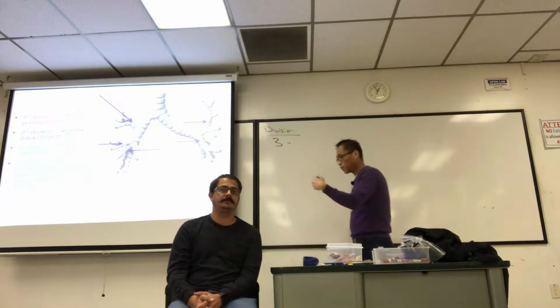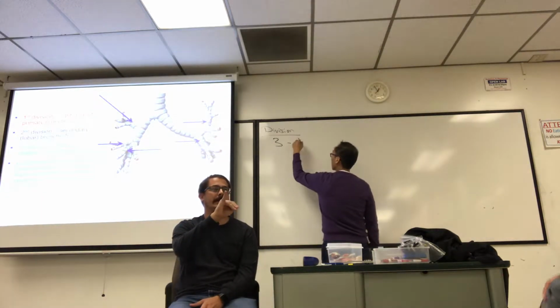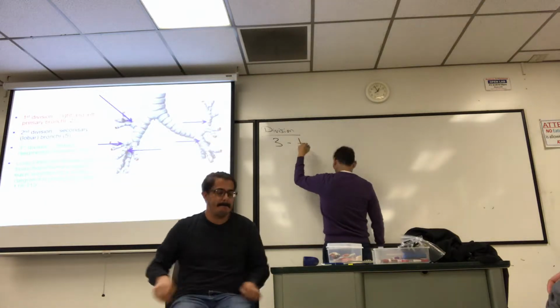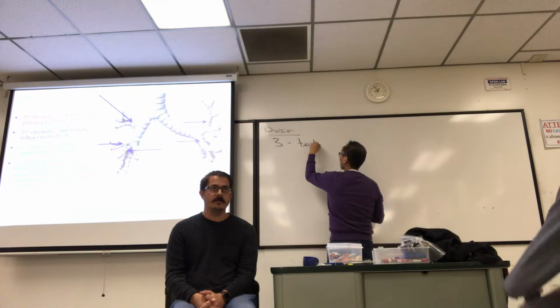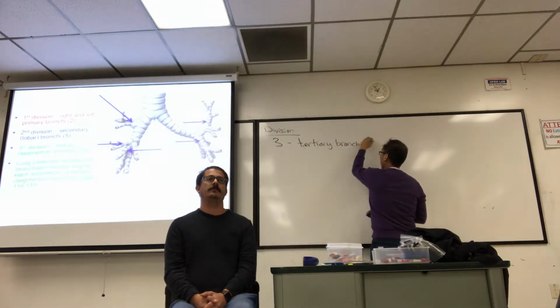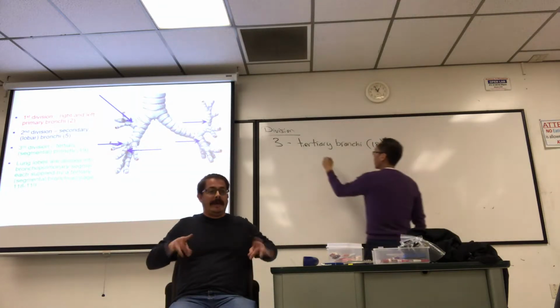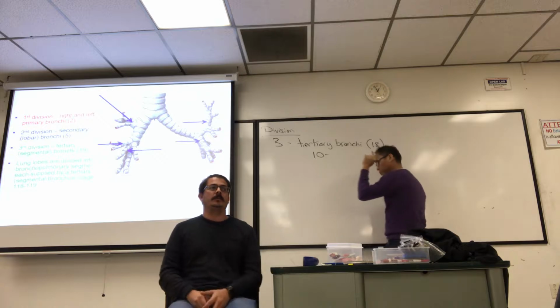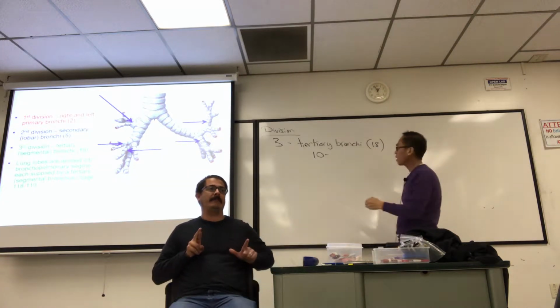So we call these the tertiary bronchi. Tertiary means 3. You got 18. You got 10 that go to the right lung. You got 8 in the left lung.